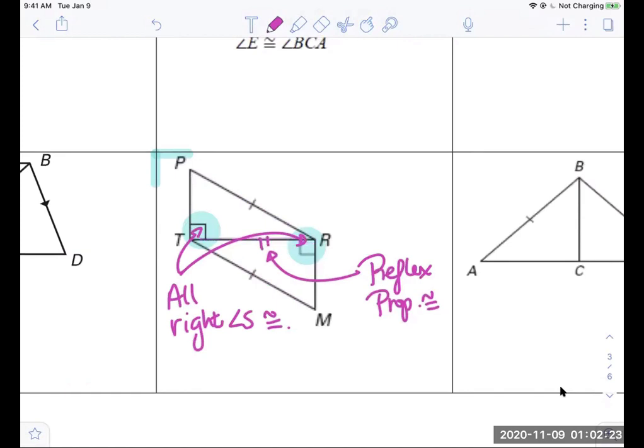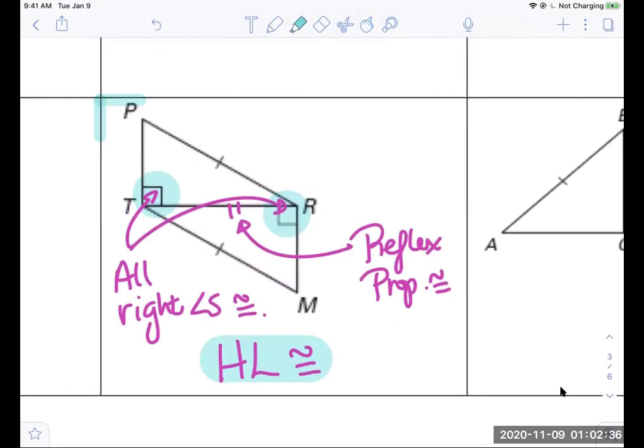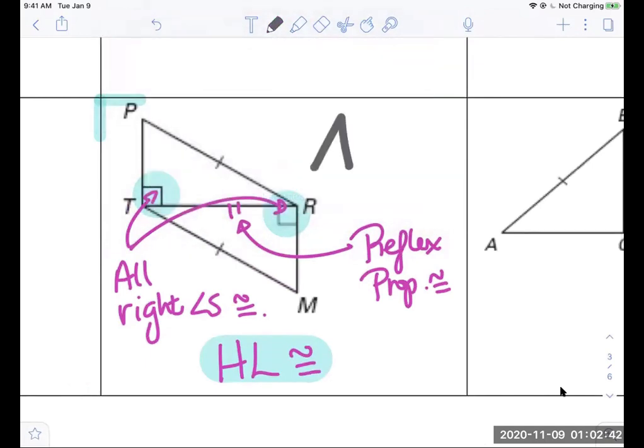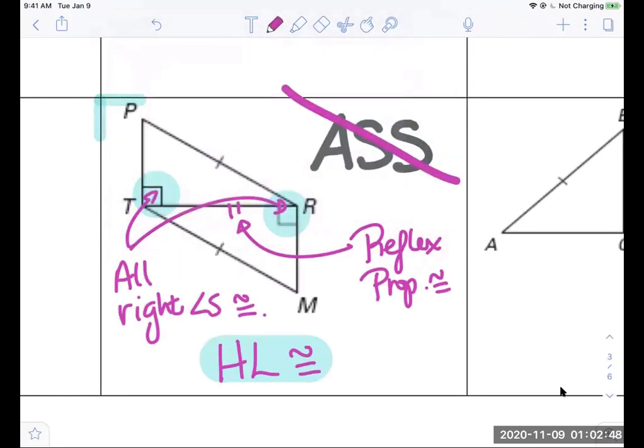So this is going to be hypotenuse leg. HL only works for right triangles. H stands for hypotenuse, L stands for leg. So HL, not angle side side. Angle side side does not exist.